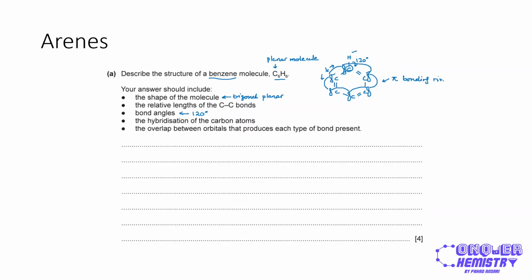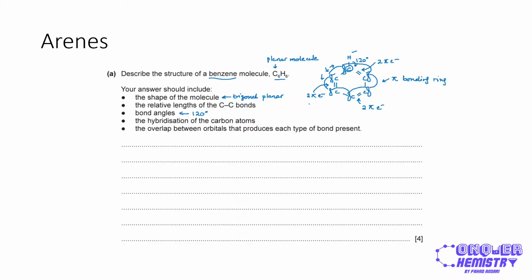So a pi bonding ring is formed, and within each double bond you have 2 electrons in the pi bond, right? And because you have 3 such pi bonds, you have 6 pi electrons. So 2 pi electrons in this pi bond and 2 more pi electrons in this pi bond. So 6 pi electrons.